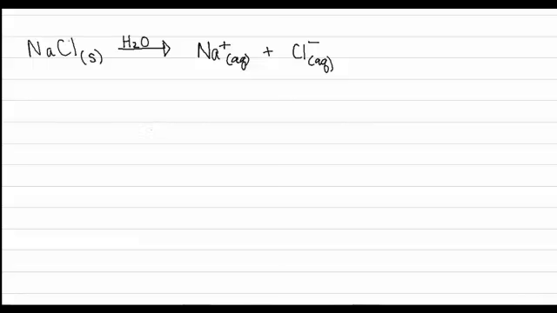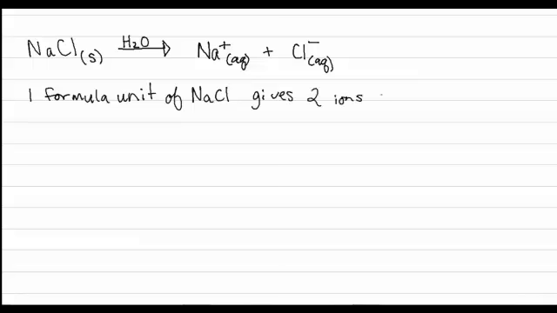And we look at this and say, okay, if we have 1 formula unit of NaCl, that means in solution, I'm going to have 1 sodium ion and 1 chlorine ion, or I'll have a total of 2 ions in the solution. So 1 formula unit of NaCl gives 2 ions in solution.